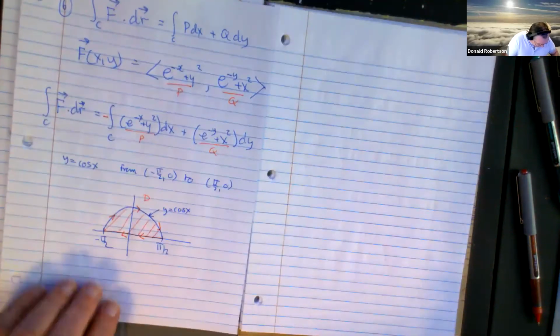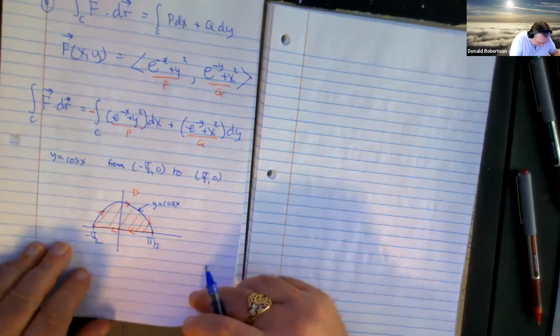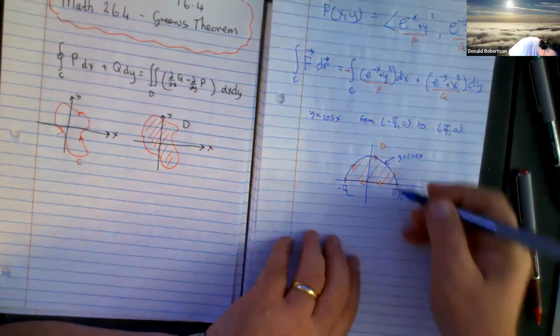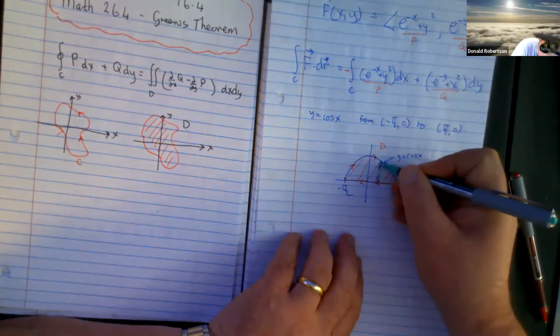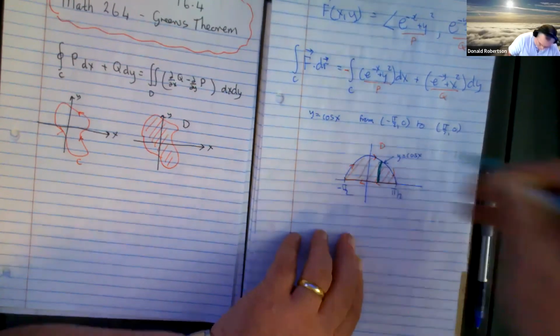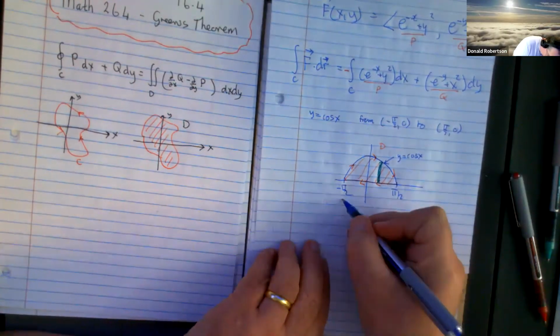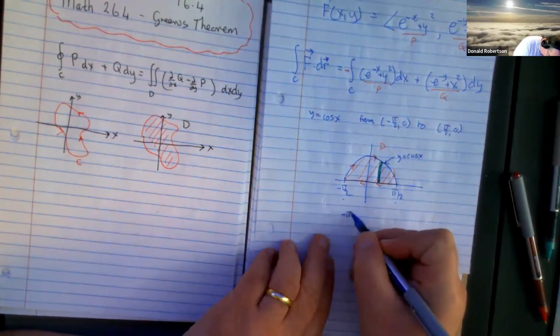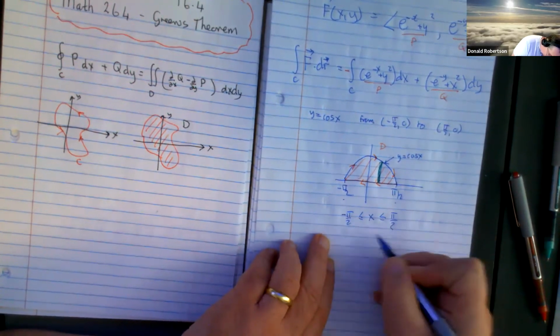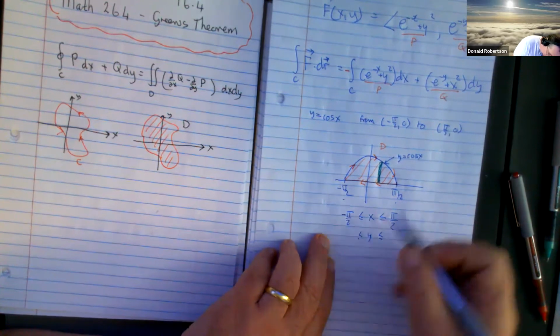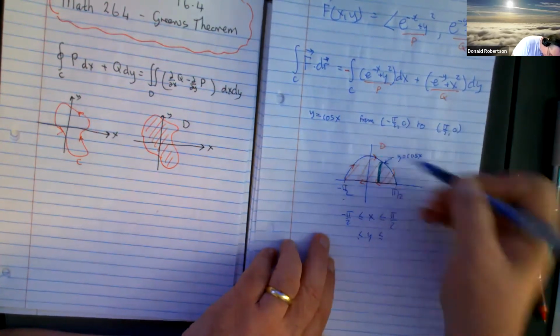So I should have all the pieces. I think this one lends itself quite well to a type 1 region, right? Vertical. x is going from here to here, so there's my limits of integration for x. And it's not that difficult, isn't y going from 0 to the cosine?